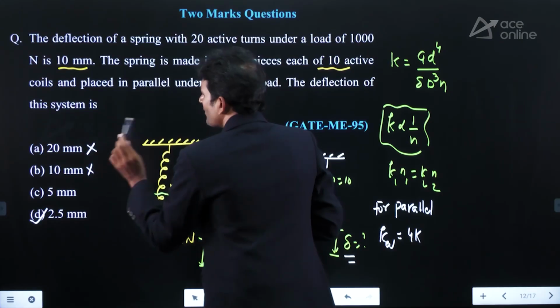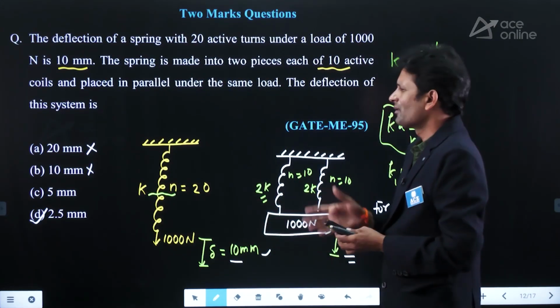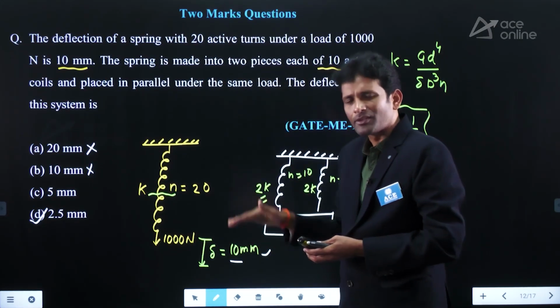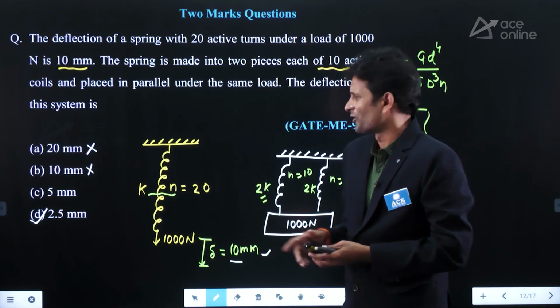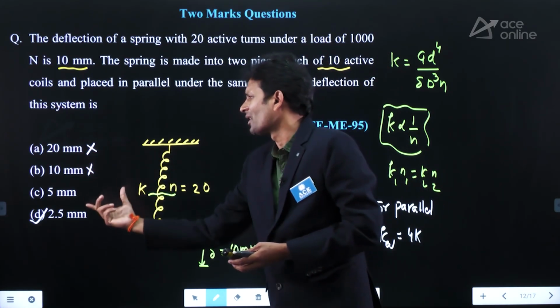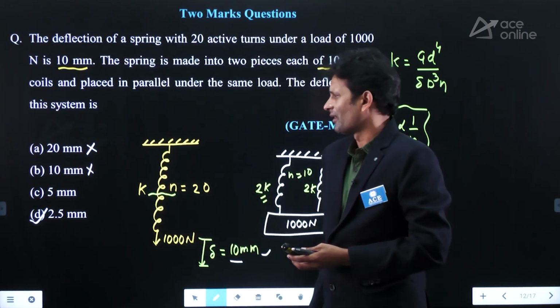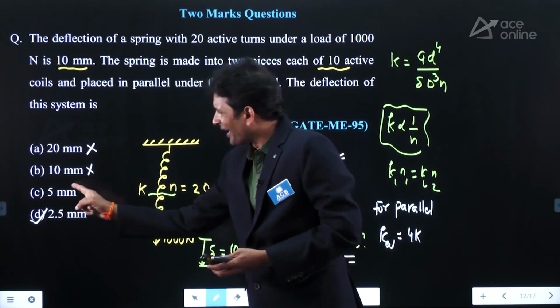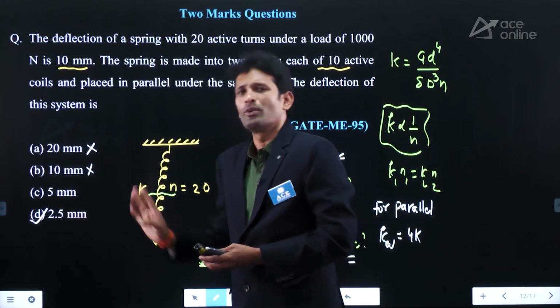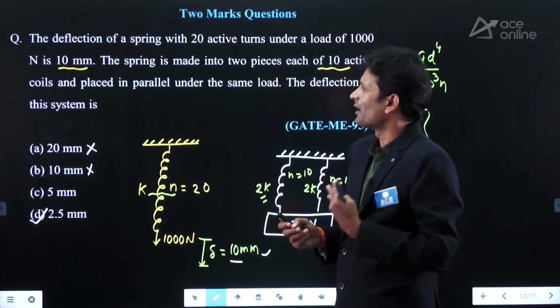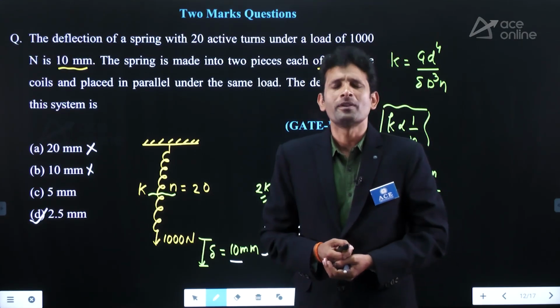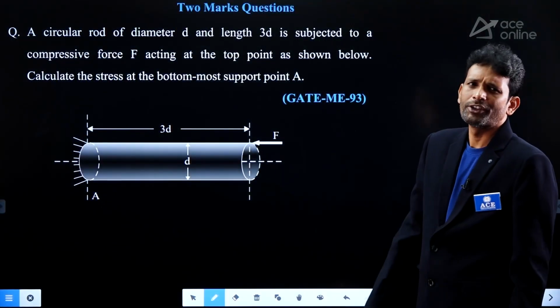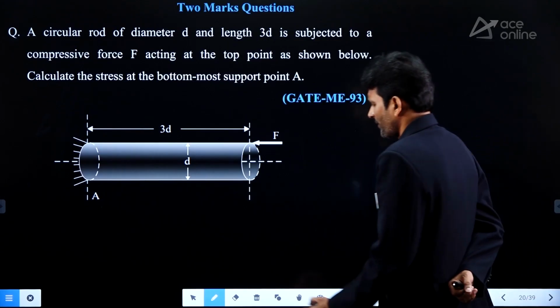Option A you can also eliminate, because if stiffness is increased, the corresponding deflections are going to be decreased. But unfortunately in option A we are having increase in the deflection. No doubt at all, option A, option B is incorrect. Either C or D is going to be correct. So like that we can eliminate the options. Hope you understand. Now let's move on to the 2 marks questions.